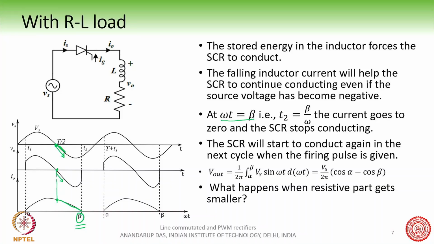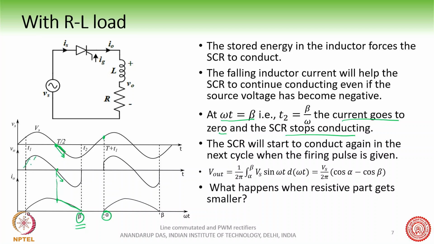So at omega t equal to beta, the current goes to 0 and the SCR stops conducting. It will start conducting again in the next cycle when you fire it with a firing angle alpha.